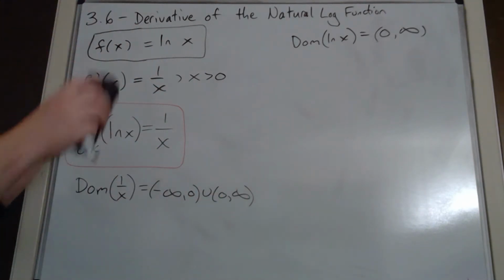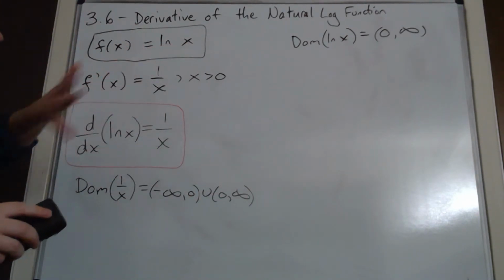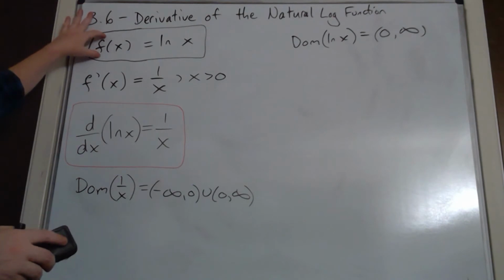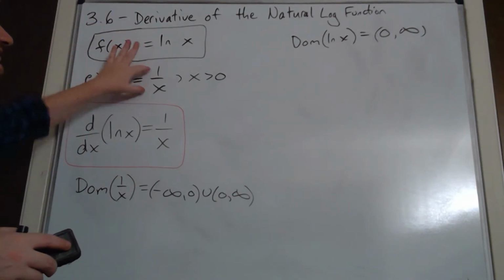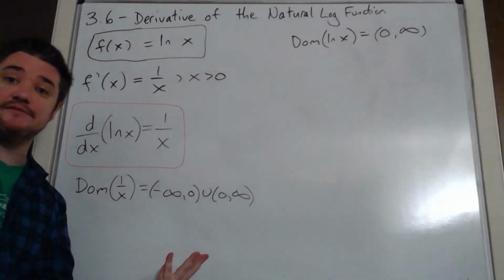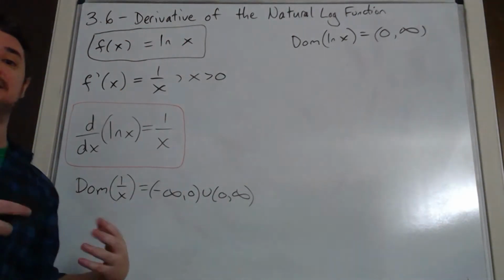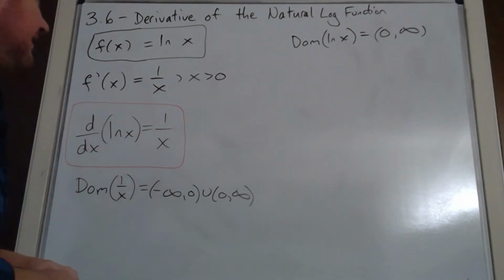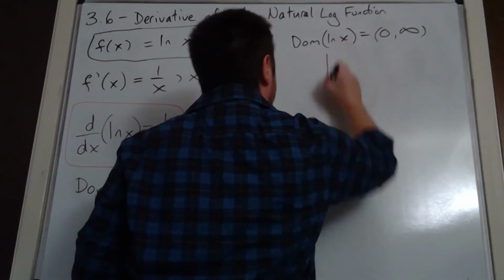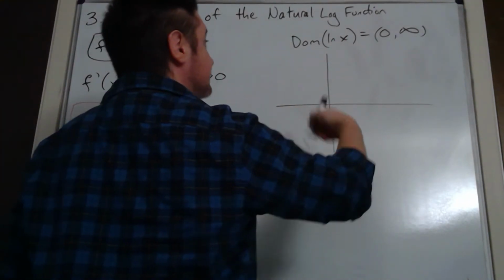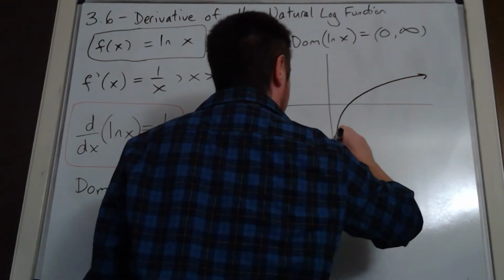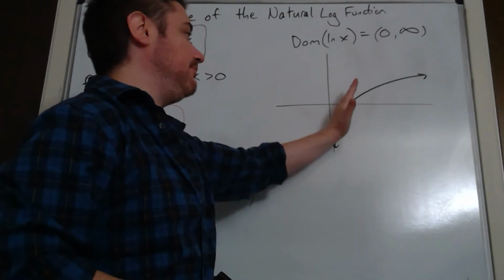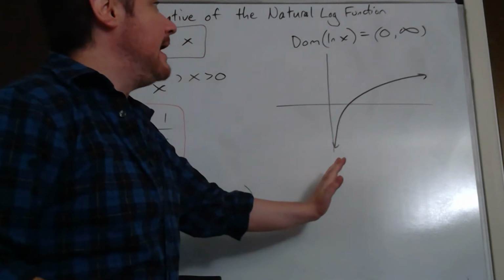However, I'm going to generalize this to make another function that's really similar to f, whose derivative is 1 over x for all these numbers, including the negatives. So what could we do to that log so negatives become okay? We'll get there in a second. Here, the domain of a log function is 0 to infinity. A log function looks like this, right? As we get closer and closer to 0, it plummets down towards negative infinity.